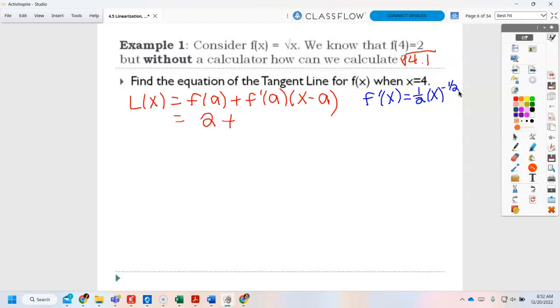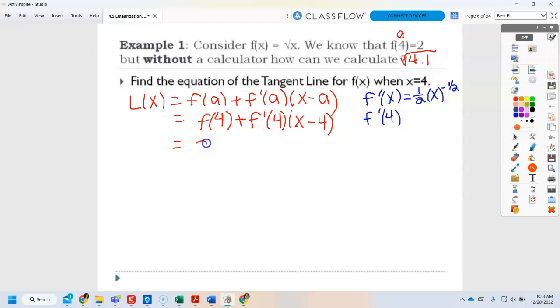And we want to know what it is at 4, because in this case, a is 4. So this is like f of 4 plus f prime of 4 times (x minus 4).